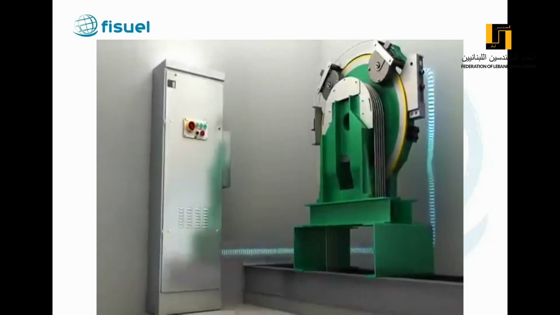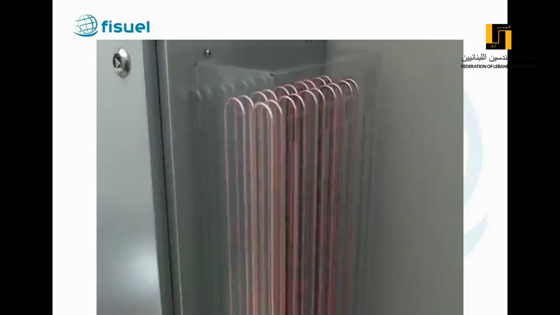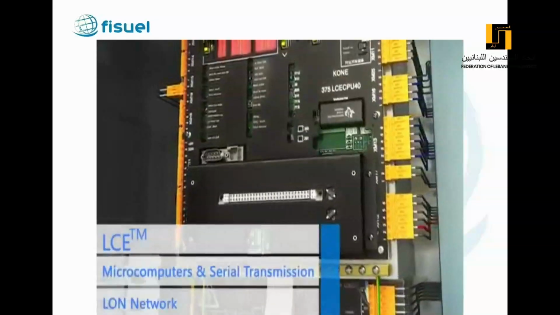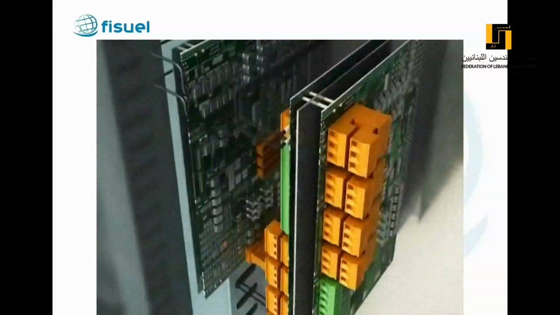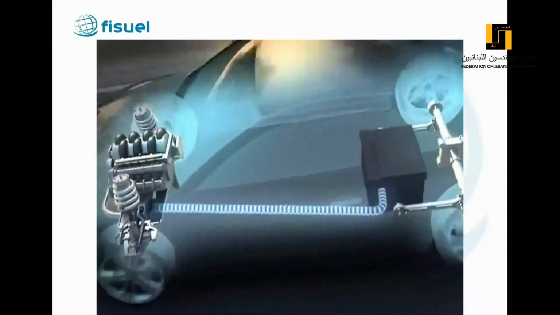In conventional elevators, the braking power regenerated from the motor is lost as heat in the power resistors. KONE's advanced energy regenerating brake technology works in a similar way to the control systems of electric and hybrid vehicles.